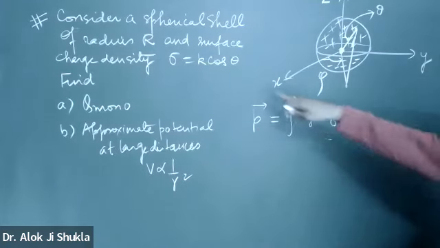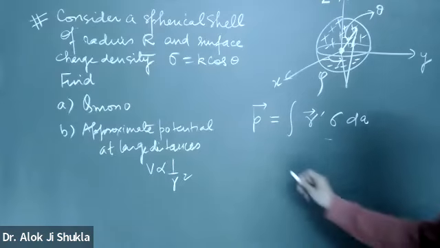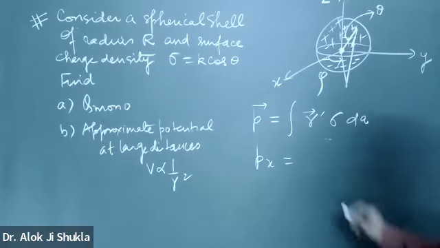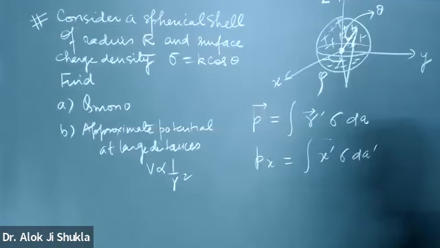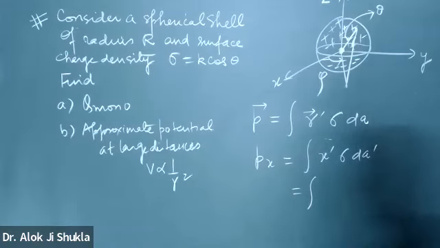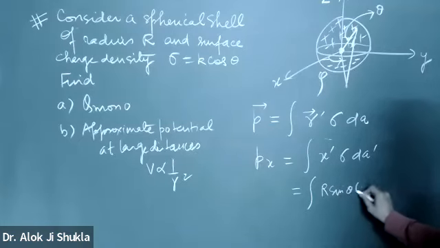Because sigma is depending on theta, I will have to resolve it to get the different values. So what is dipole moment px? The x component of this will be integral x dash into sigma dA dash. Correct? So what will be the value of x? Tell me. R sin theta cos phi.